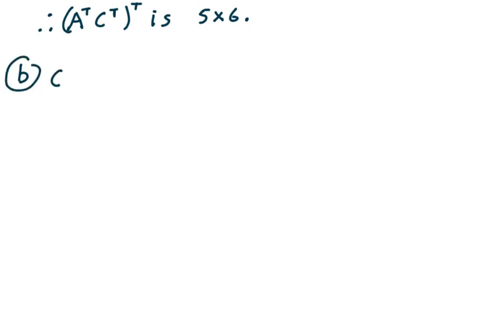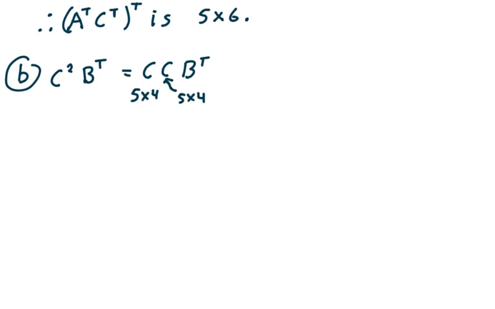Suppose I give you C squared B transpose. Now, remember, C squared is C times C, then B transpose. Now, C is a 5x4 matrix. And so we have that twice.